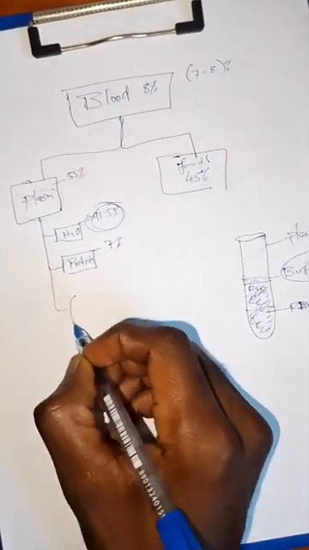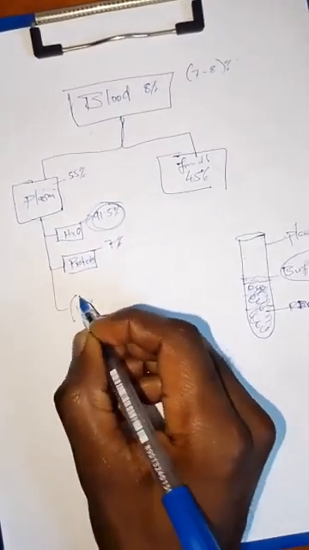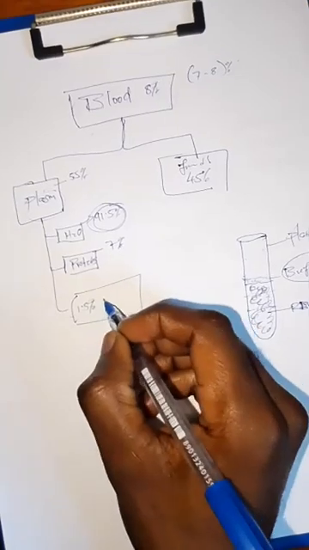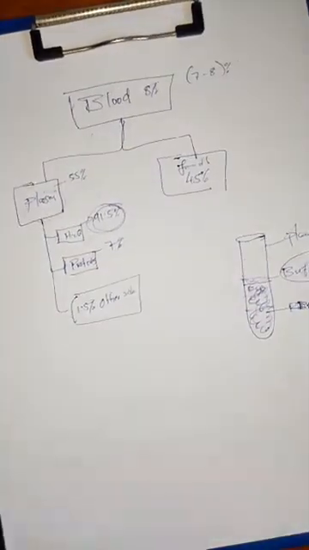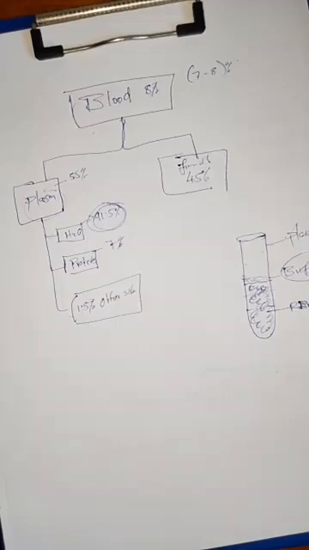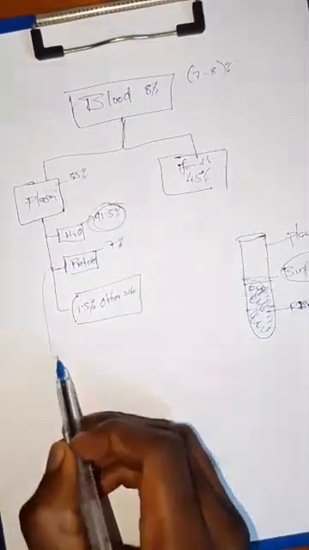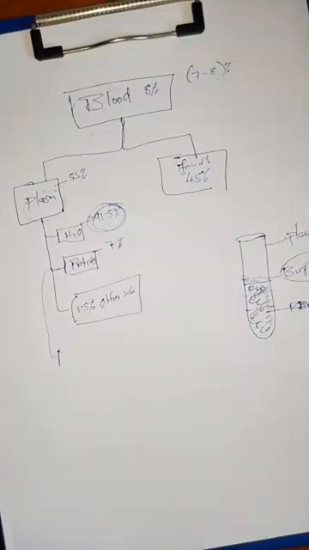Then about 1.5% of plasma volume is going to be other solids, which, as we talked about, can be electrolytes and other things. These plasma proteins are very important because they help in the transportation of molecules such as hormones, drugs, and so on and so forth.